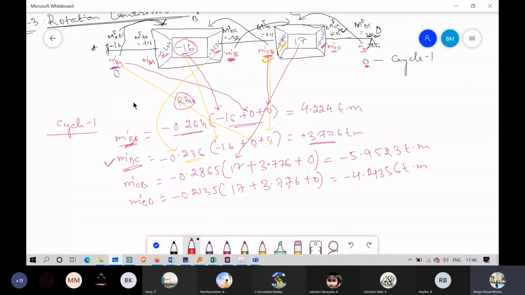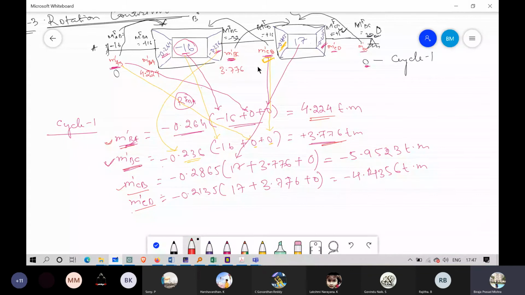I need to write the values of M bar BA, M bar BC, M bar CB, and M bar CD. M bar BA is 4.224, and 3.776.